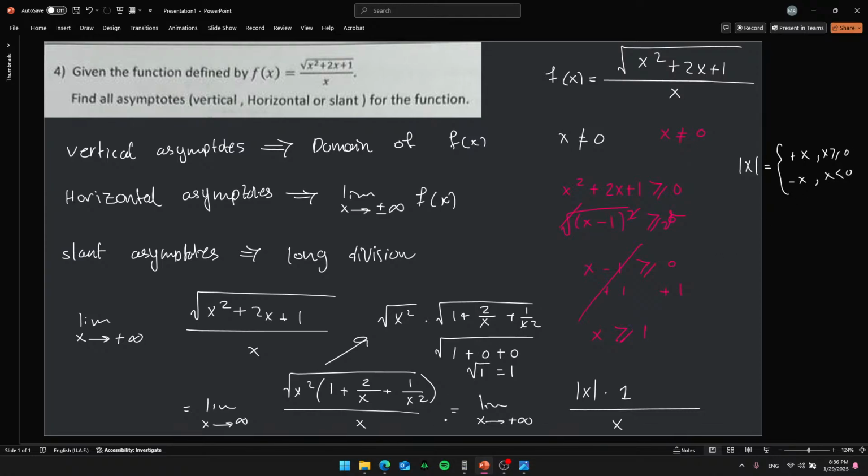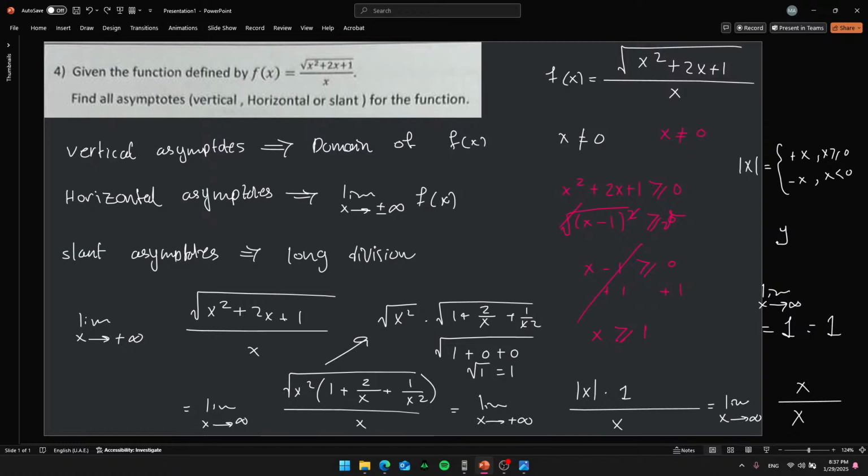Okay, now in this case x approaches positive infinity, so it's definitely greater than or equal to 0, so we're going with the top function. The limit as x goes to infinity: instead of absolute x, I'll write x over x. x over x is 1, and whenever there is a limit of a constant, it's just the constant. So as x approaches infinity, it equals 1.